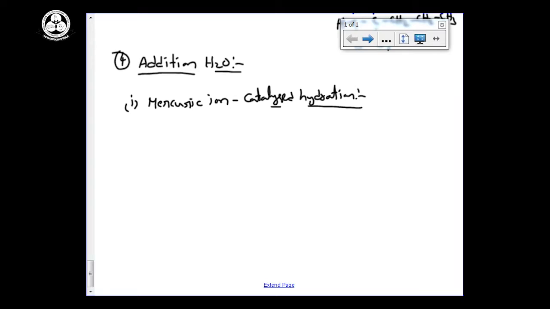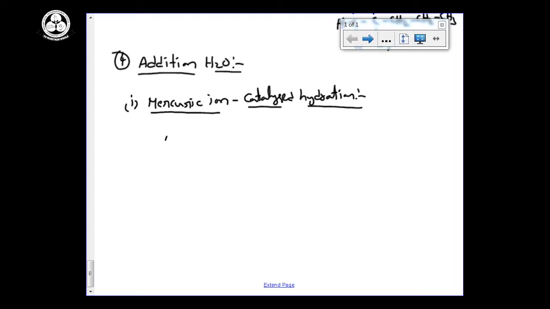Mercuric ion catalyzed hydration. See, in this hydration, water across the triple bond we are going to add. Here, mercuric ion acts as catalyst.